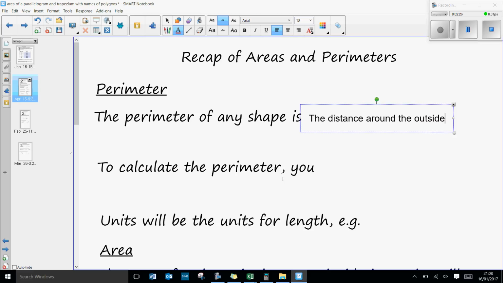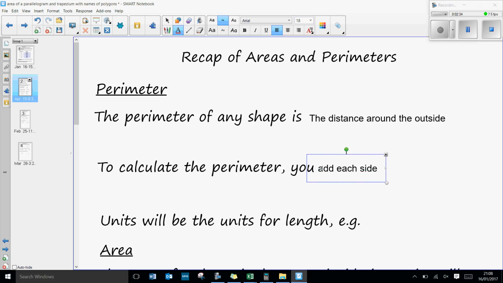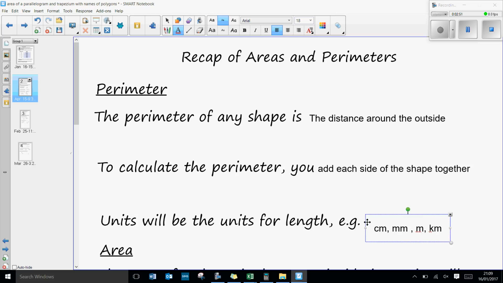So to calculate the perimeter, you add each side of the shape together. The units will be the units for length, which for example could be centimeters, millimeters, meters, kilometers, etc., etc.